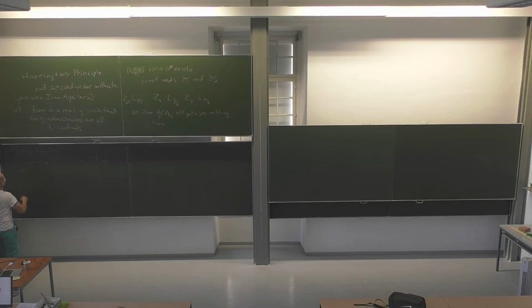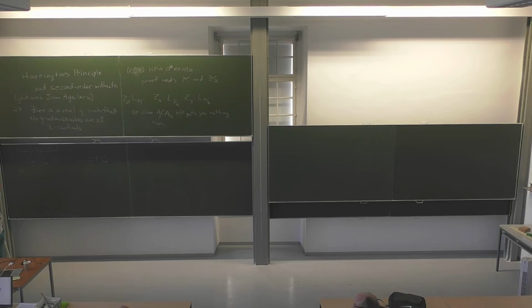What Juan and I started to look at was a refinement of this. That is, if you think about the natural subsystems of second order arithmetic, basically Pi^1_n comprehension, the question was, what fragment of ZFC does that correspond to?